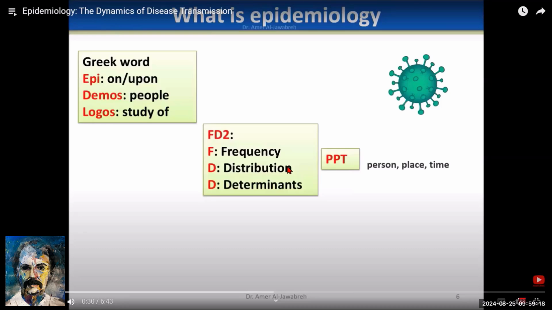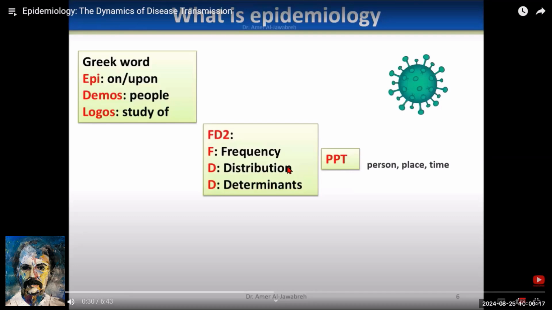What is epidemiology? FD2. What is F, and what are the 2 Ds? First, F is frequency. It's just a mnemonic: FD2 and finish. This is epidemiology. FD2.